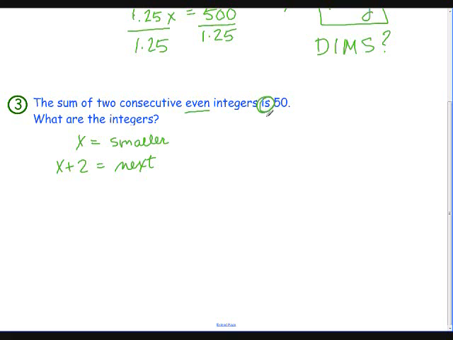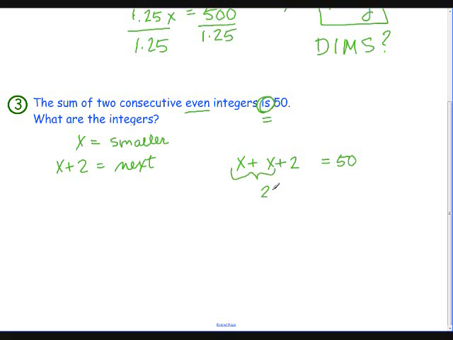Is can always be used for putting together an equation. This is equal to 50. If I add up x plus the next integer, x plus 2, it will equal 50. I'm going to combine like terms.